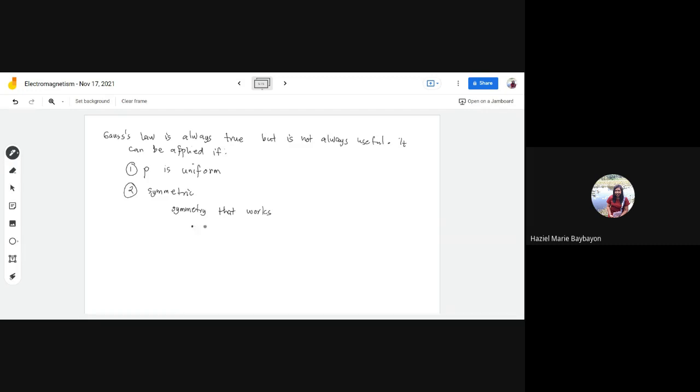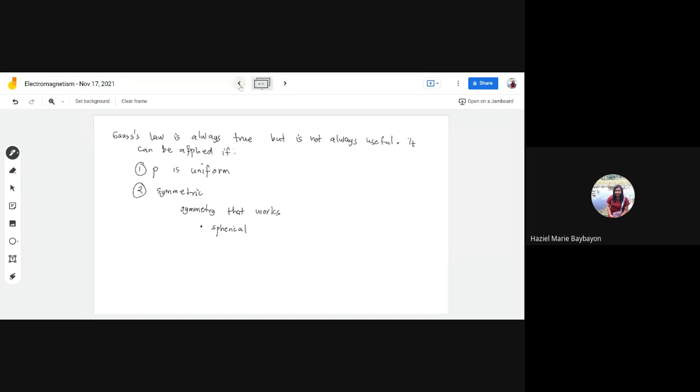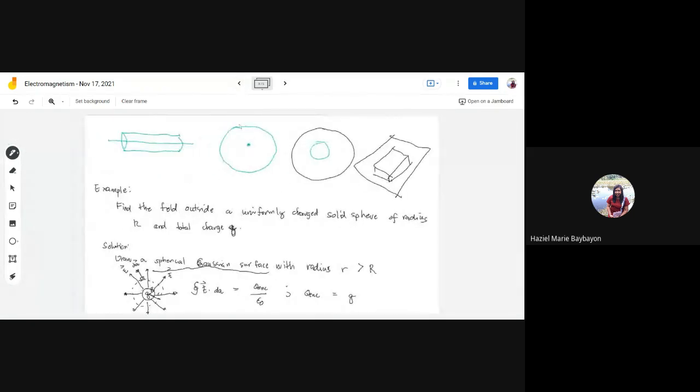So we have the first one, spherical symmetry. So if the system can have spherical symmetry like that of concentric spheres. Kaganina, we can call this concentric spheres since ang imo solid sphere ug ang imo Gaussian spherical surface has the same center. So the same center, concentric.